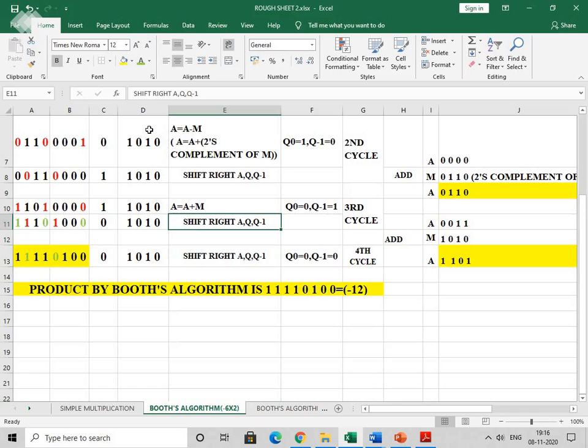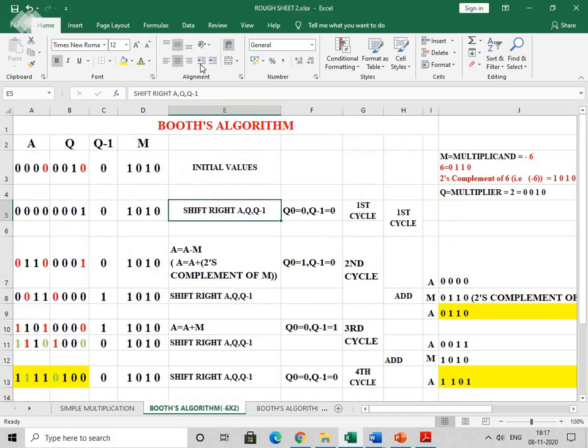So don't get confused, students. Everything has been solved properly. Whenever any negative number comes as a multiplicand or as a multiplier, you should take its 2's complement and solve the numerical. How are you going to cross check whether the numerical is correct or not?